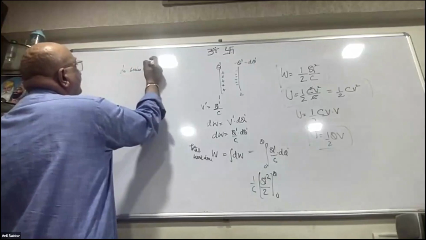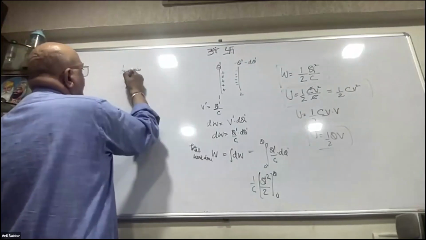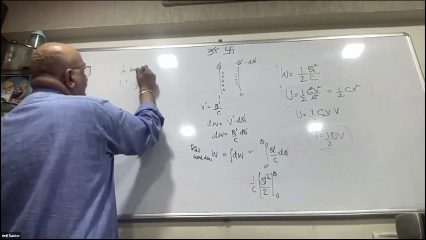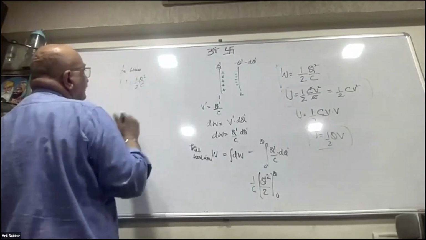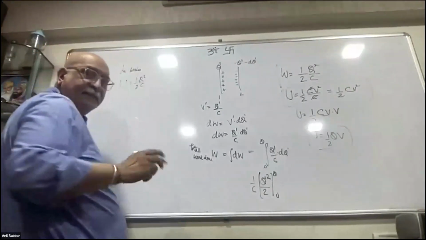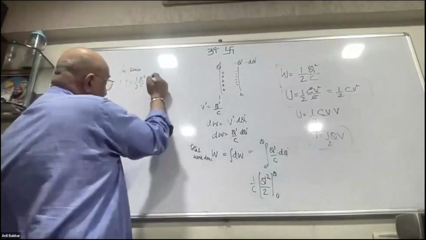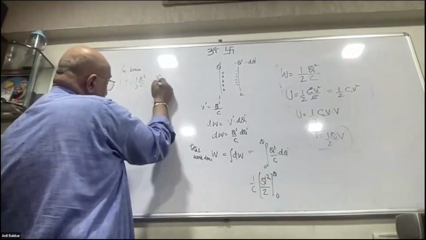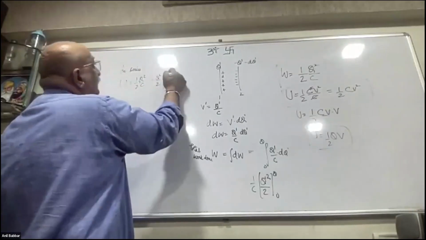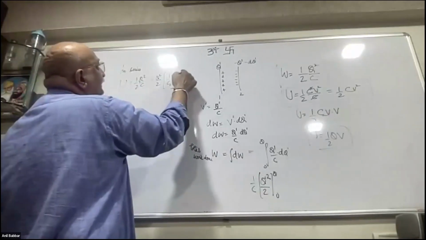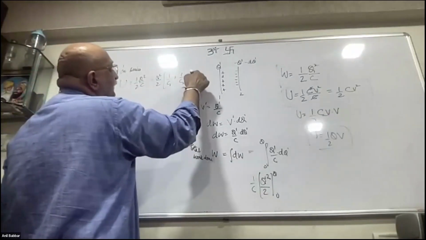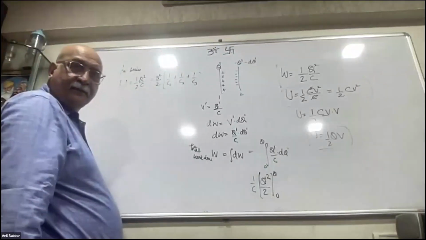So U is equal to Q square by 2 times (1/C1 plus 1/C2 plus 1/C3).